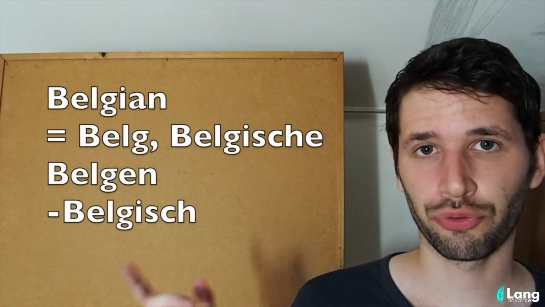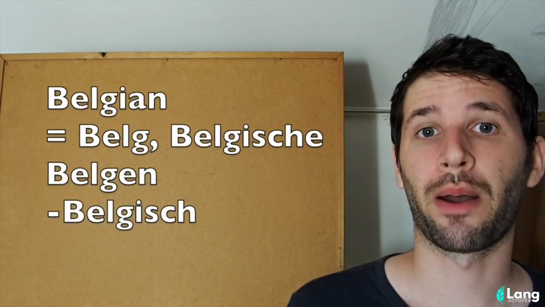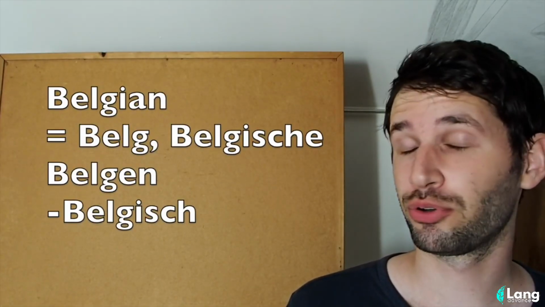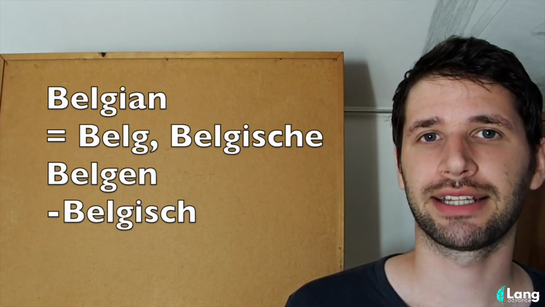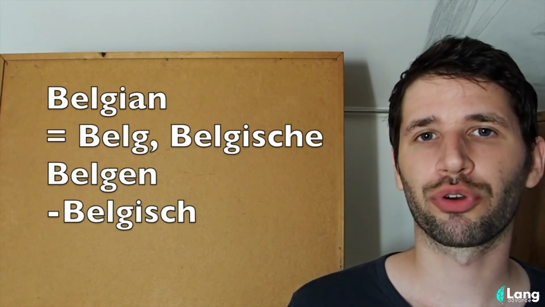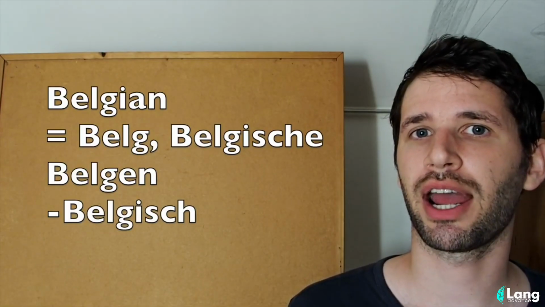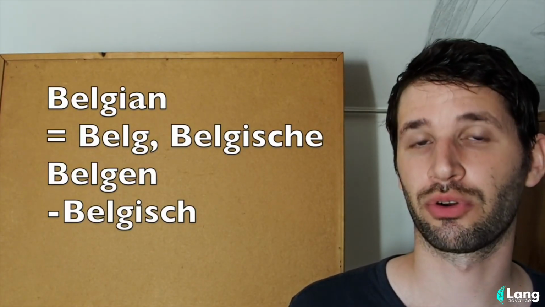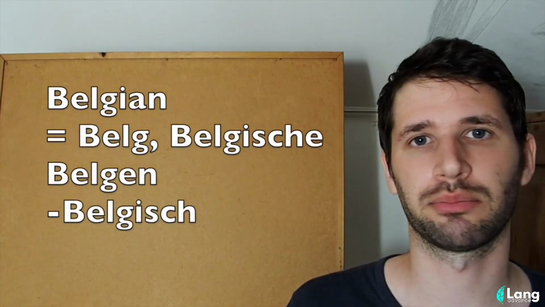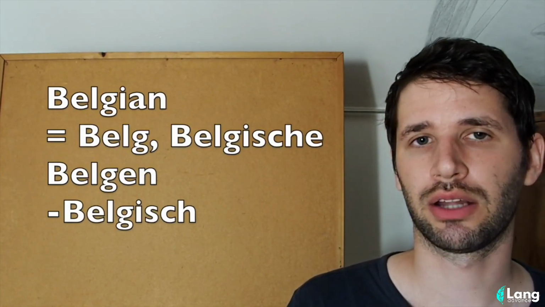So, for a male person, it's Belg. For a female person, it's Belgische. For the plural, we've seen Belgen, and the adjective is Belgisch. However, this is more for your passive knowledge. You don't need to actively know all those forms. If you know België is Belgium, Belg, and Belgen, well, that's the plural you can deduct from it. That's already a lot.